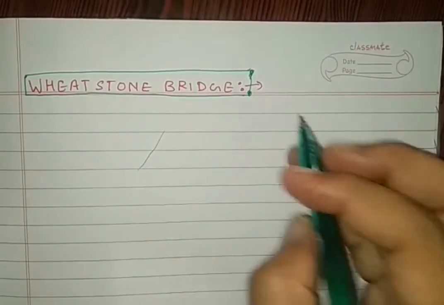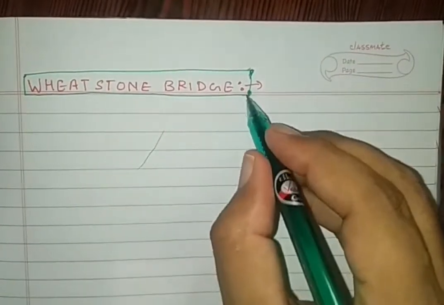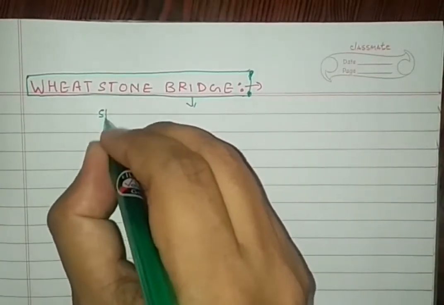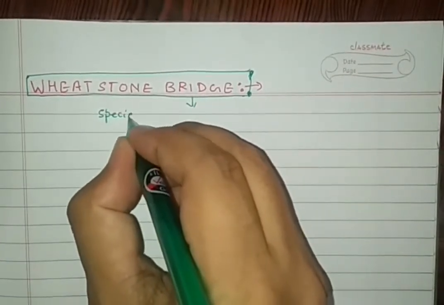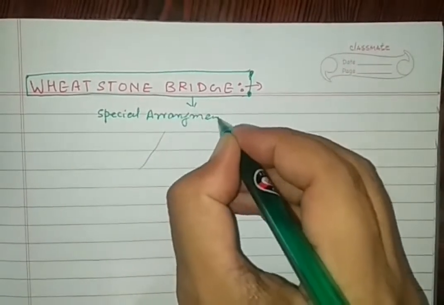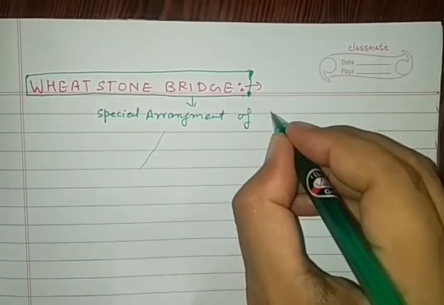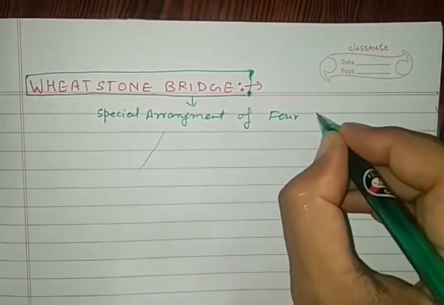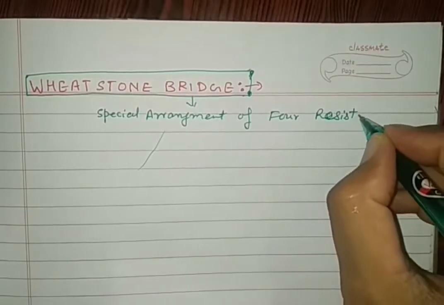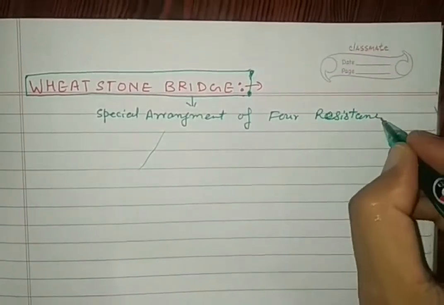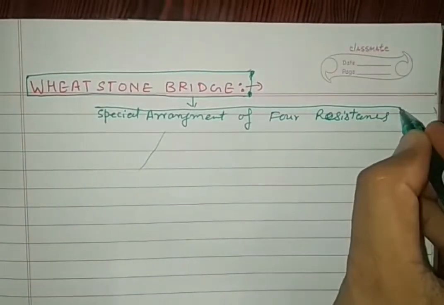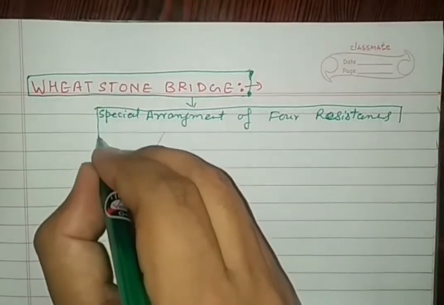What is this Wheatstone bridge? It is a spatial arrangement of four resistances.